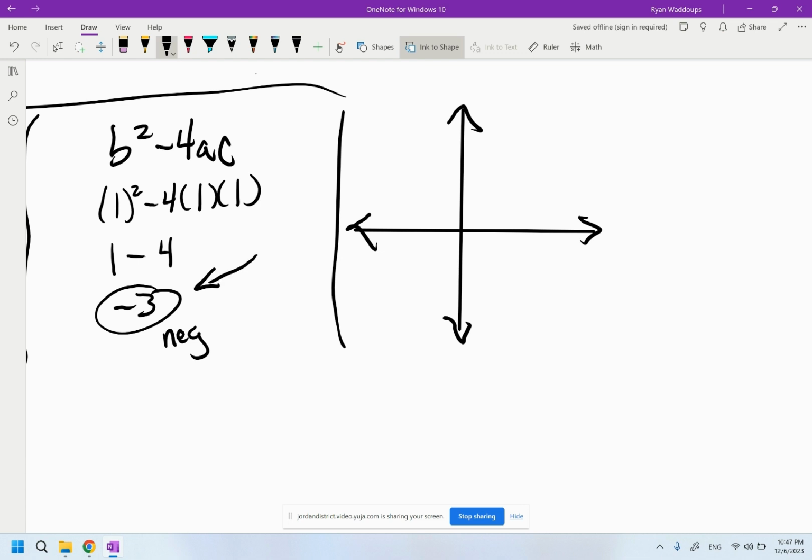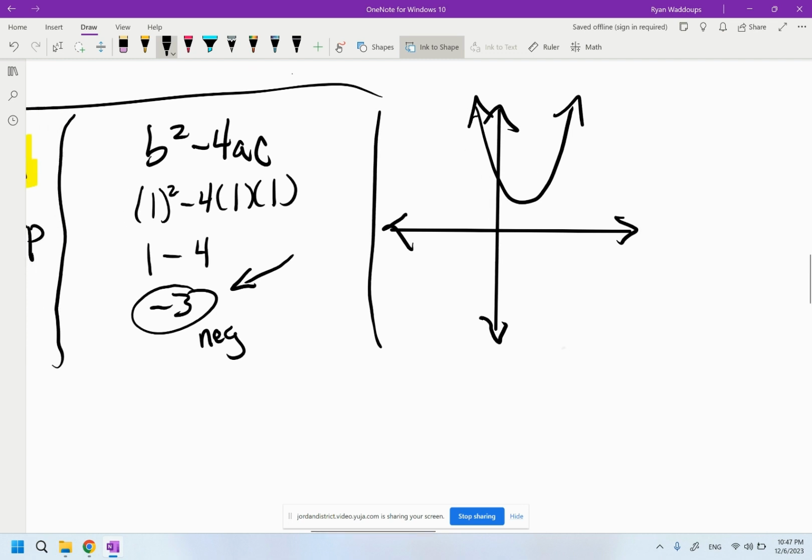We only just know the number and type of solutions. It does not give us the solutions. Negative 3 is not a solution. It just tells us, hey, this thing opens up and it doesn't touch the x-axis. So we'll have 0 real roots, 0 x-intercepts.